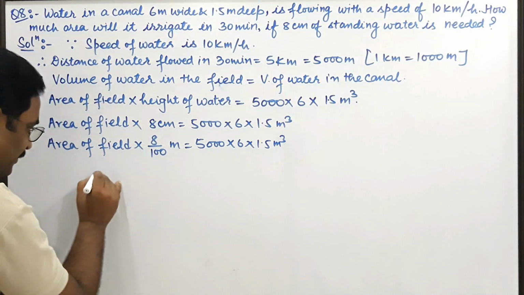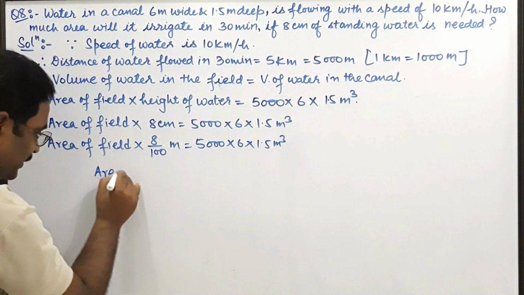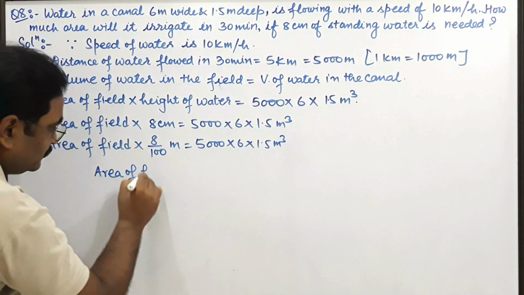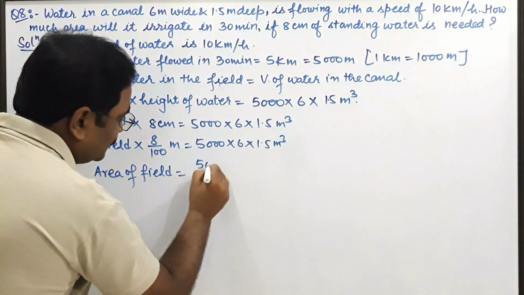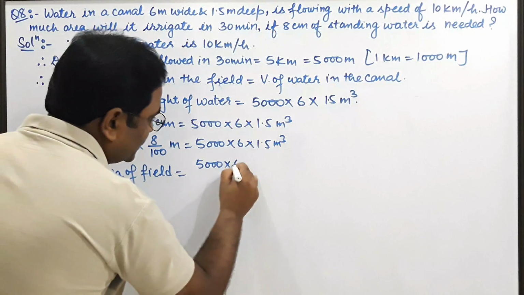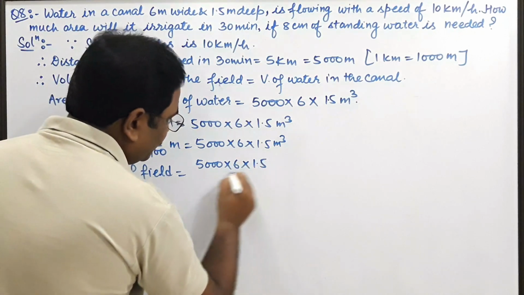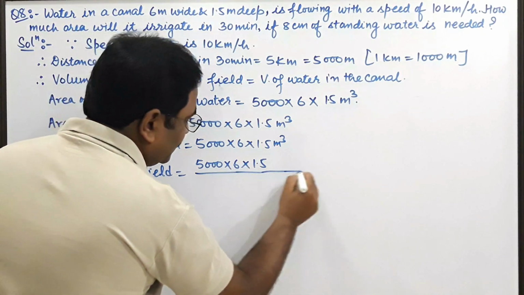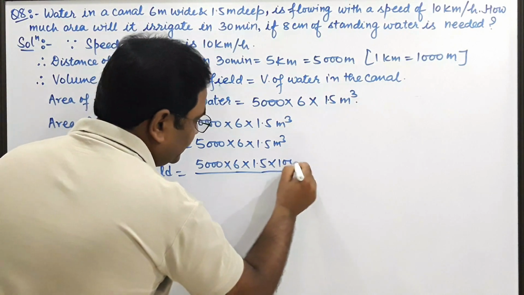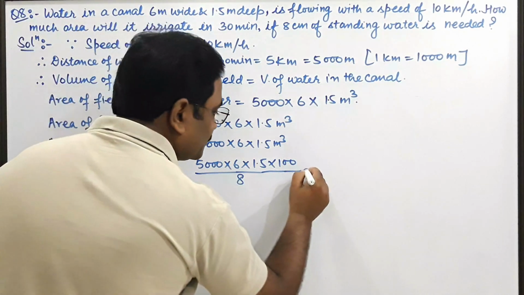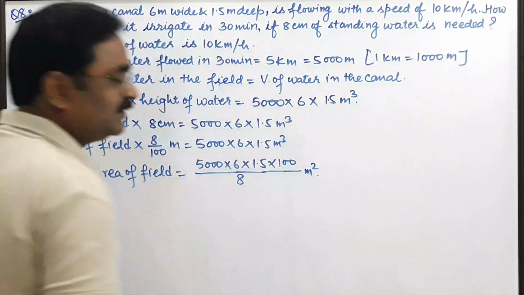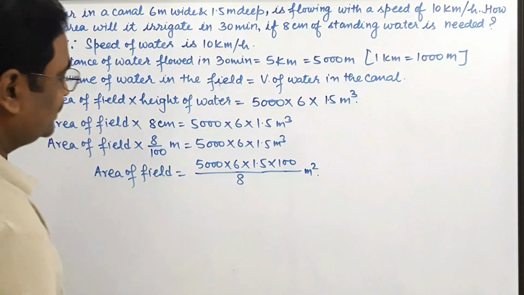Therefore area of the field of irrigation is equals to 5000 multiplied by 6 multiplied by 1.5 multiplied by 100 divided by 8 meter square. Right? So let us simplify it.